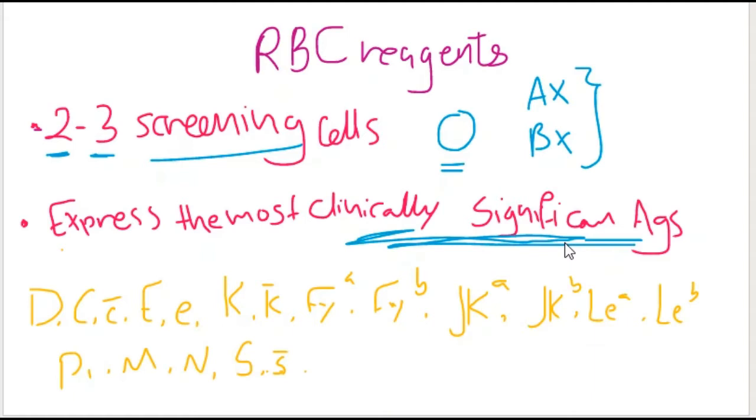So we consider antibodies as clinically significant when they have the ability to reduce the lifespan of the red blood cell. And sometimes antibody reduces the lifespan from 120 days to only a few hours, or sometimes even less than that.